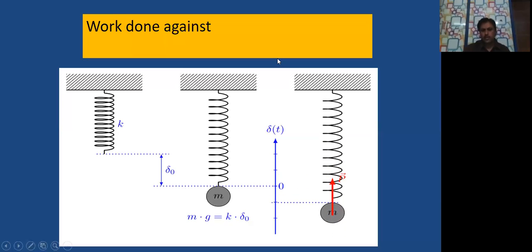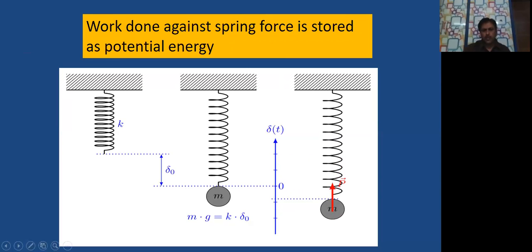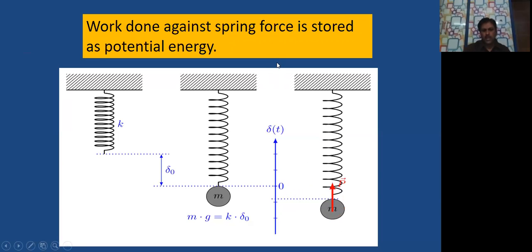So work done against the spring force is stored as potential energy. So now I have told you two examples, children. In both the examples, work was being done against some force. That particular work done against the gravitational force got stored as potential energy.